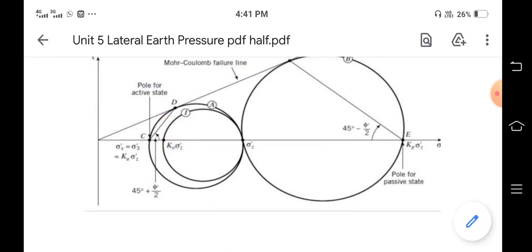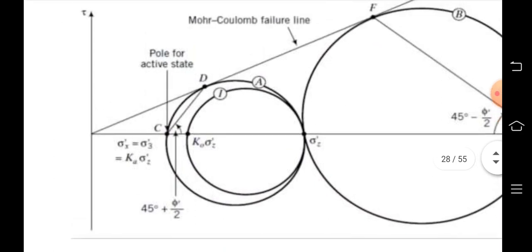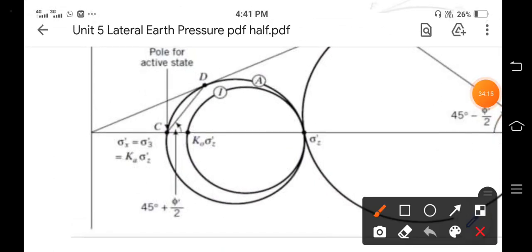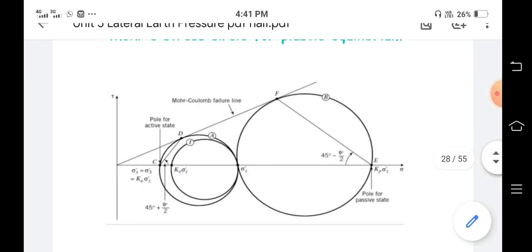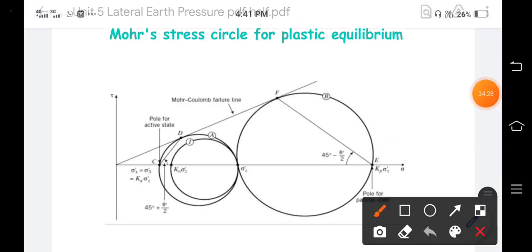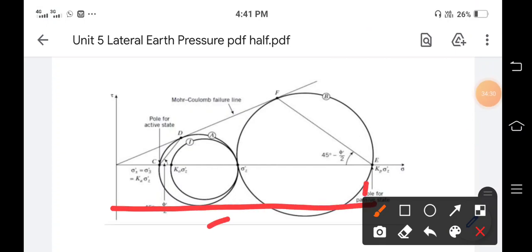Then this sigma 3 is called the minor principal stress, and from here to here is sigma 1, the major principal stress.